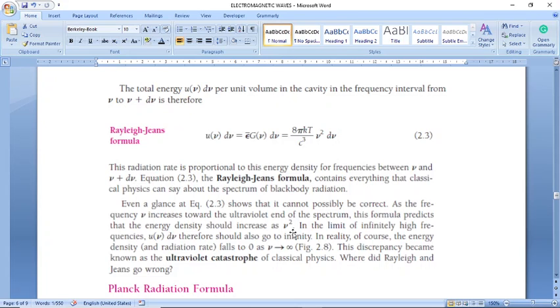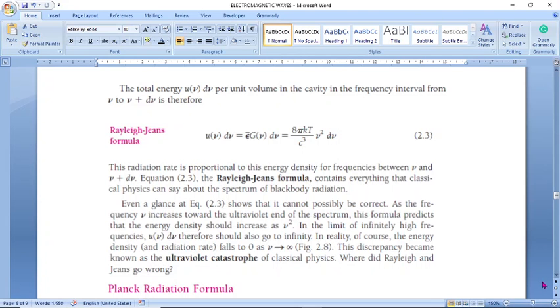In the limit of infinitely high frequencies, u of nu d nu should also go to infinity. In reality, the energy density falls to zero as nu tends to infinity. This discrepancy became known as the ultraviolet catastrophe, or the Rayleigh-Jeans formula failure, we can say.